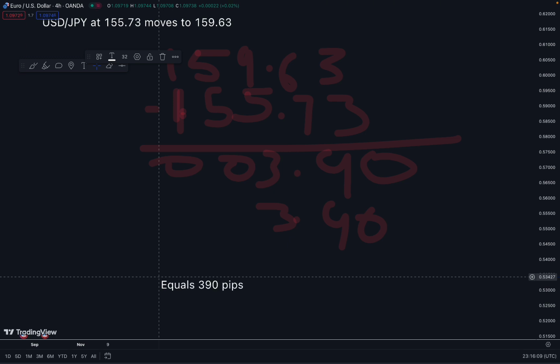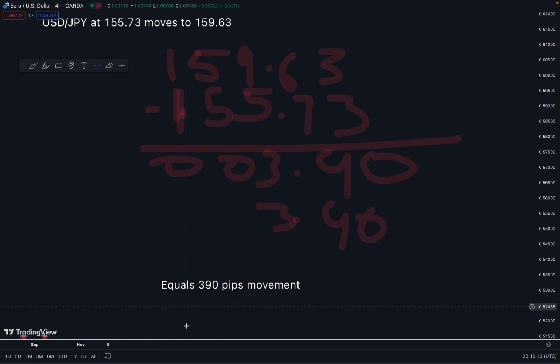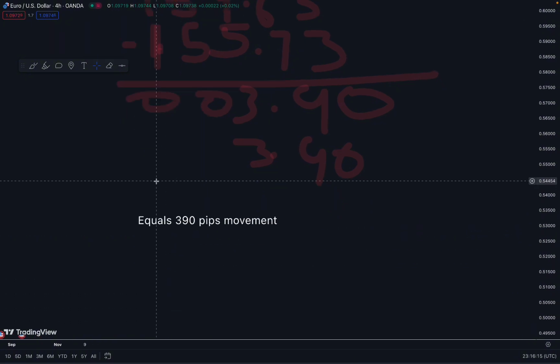That's how simple it is, and that's the way of calculating the pip movement of currency pairs. The next one I'm going to talk about is the lot size.